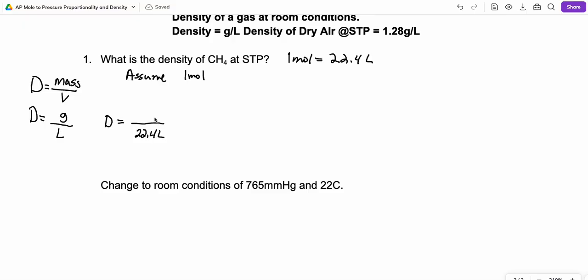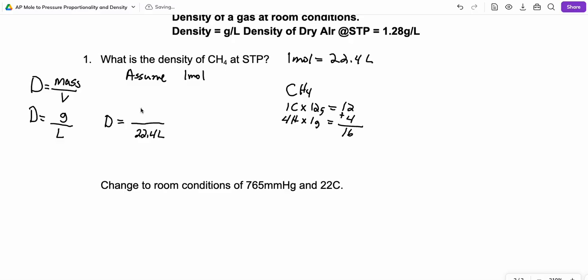And then all you got to do is get the molar mass of the gas, which for CH4, well, the mass of 1 carbon is about 12 grams, so that's 12. And you have 4 hydrogens. The mass of one hydrogen is about 1, so that's 4. 12 plus 4, that's 16.